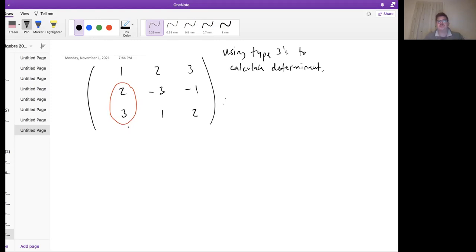How do you delete those 2 entries? Yeah, I'll make it a little even easier. Yep, row 2 minus 2 row 1. And how do you delete the last entry?